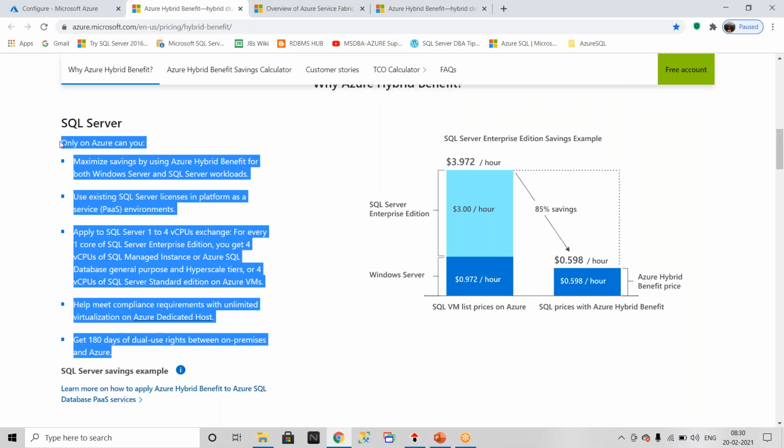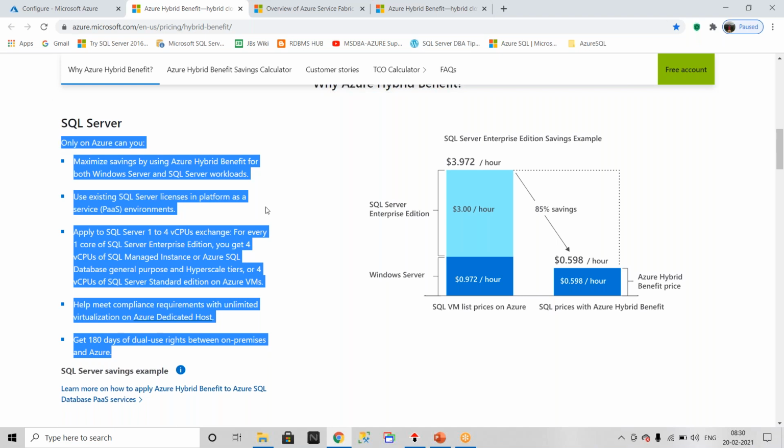If you go for AWS, Alibaba Cloud, or Google Cloud, no, sir. So if you have on-prem licenses, they can be applicable only on Azure. You cannot use those licenses elsewhere.